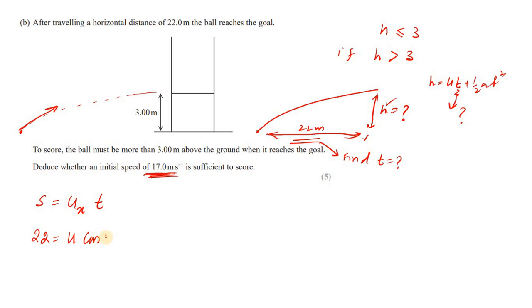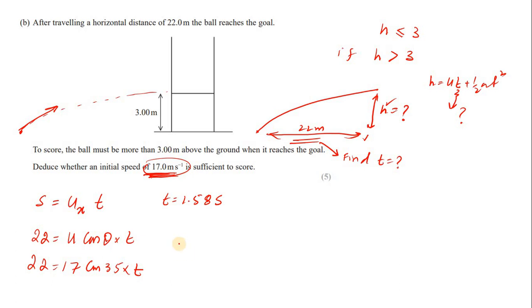So u cos theta into t, and 22 is equal to, they are saying that we need to check 17, so 17 cos 35 into t. And if you make t the subject, then t would be equal to 1.58 seconds. This is the time when the ball reaches the goal.